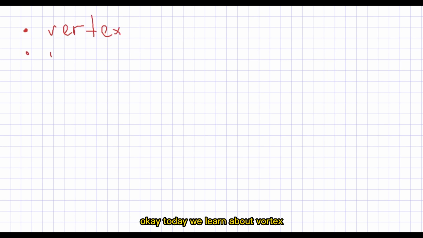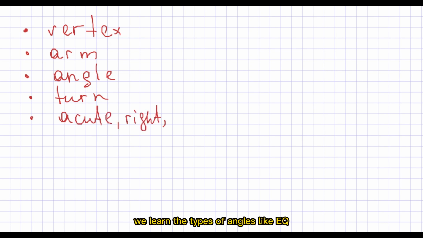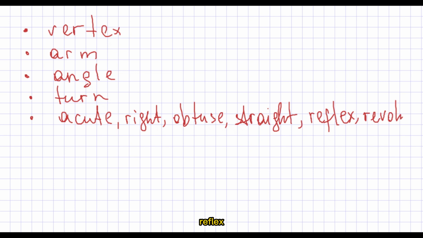Okay, today we learn about vertex, we learn about arm, and we understand what is angle. We search the term turn, and we learn the types of angles like acute, right, obtuse, straight, reflex, and revolution.